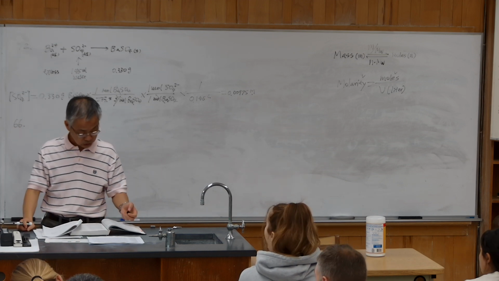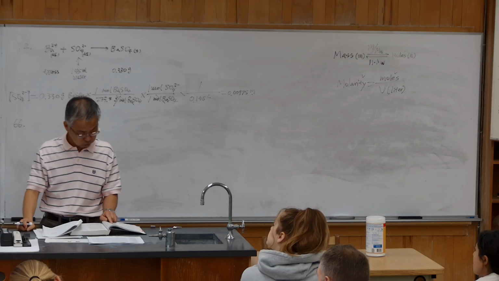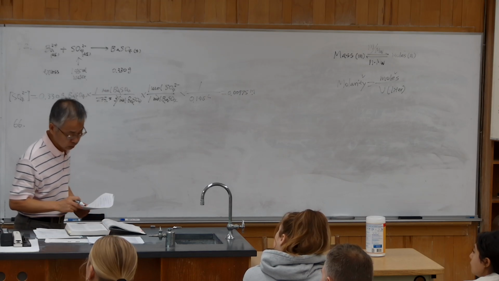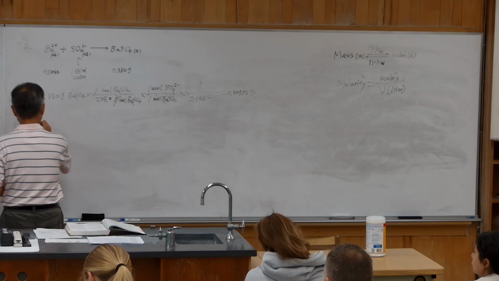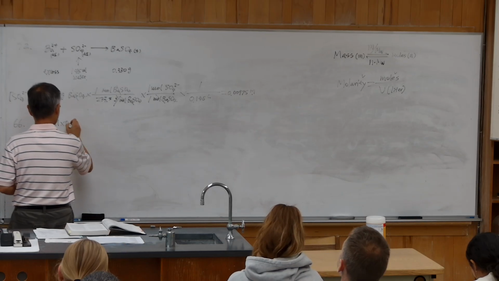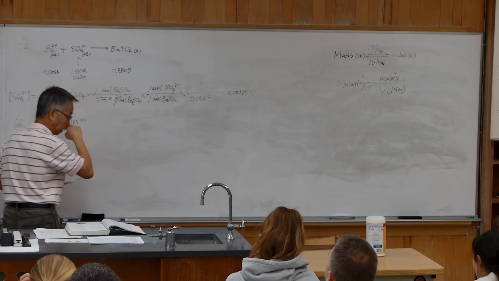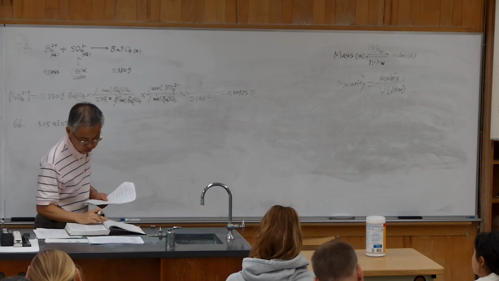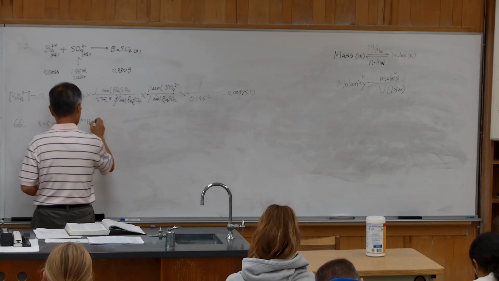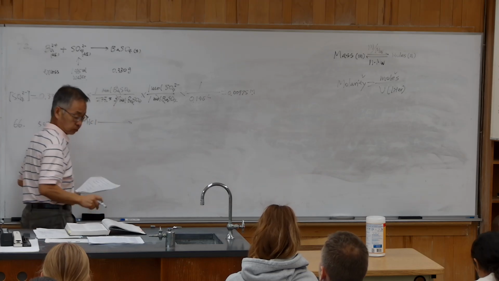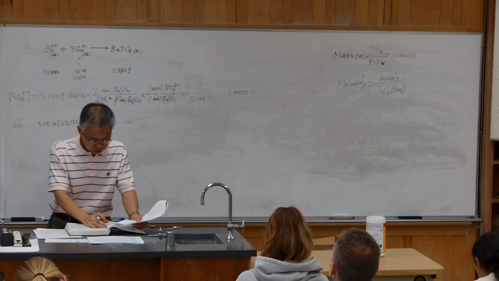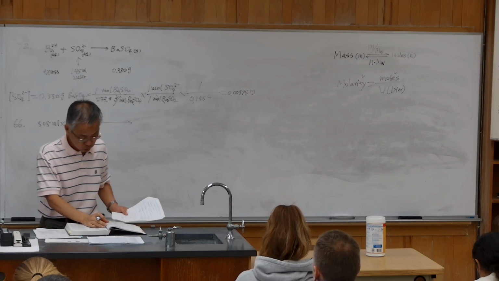The question is, you have 50 milliliters of 0.125 molar HCl, and you want to dilute it to exactly 0.1 molar.